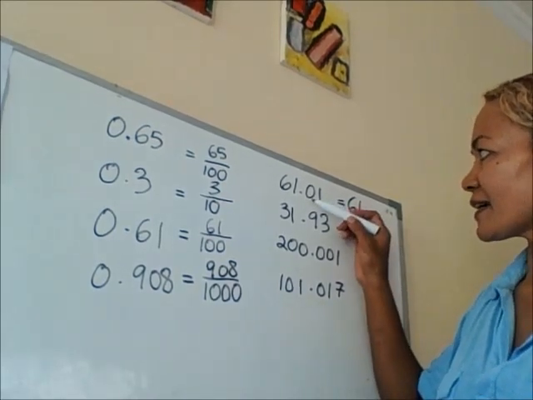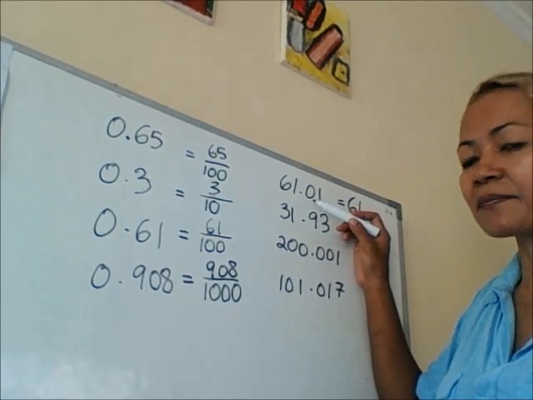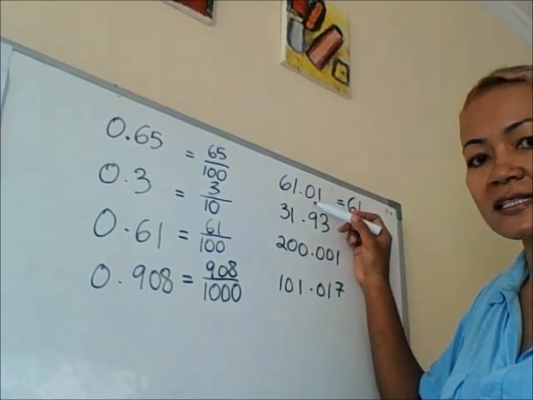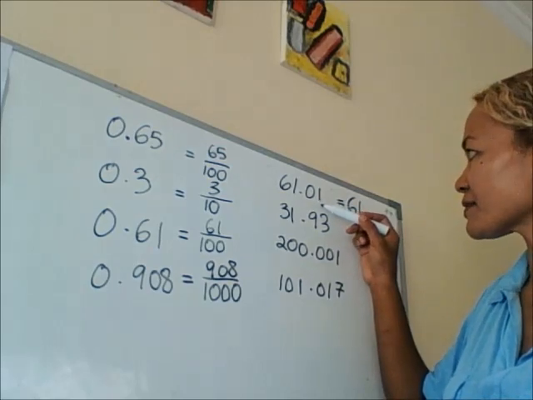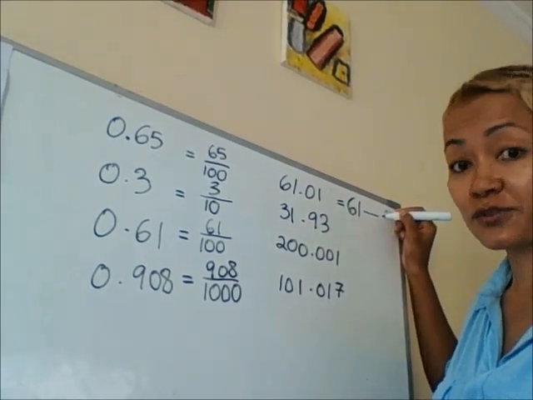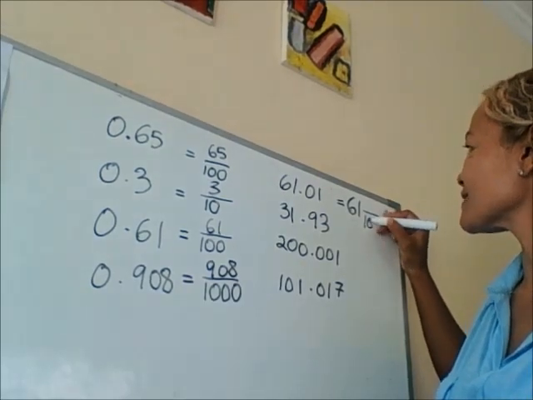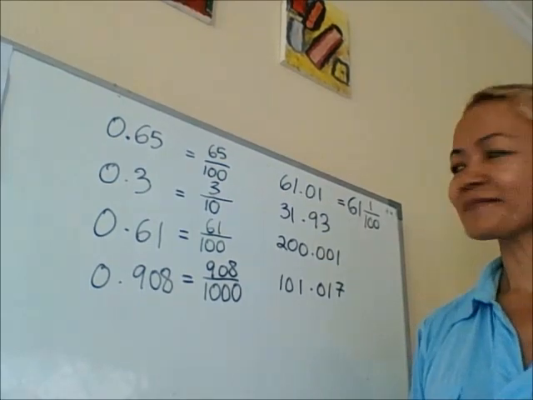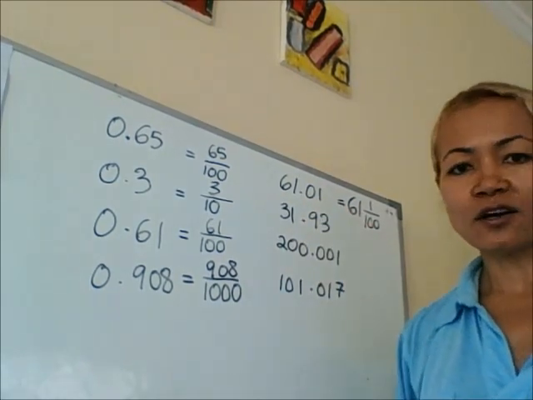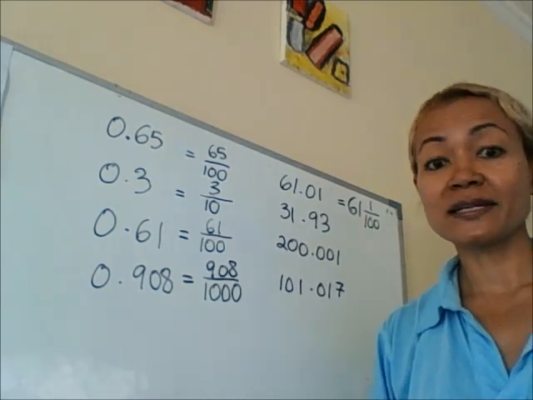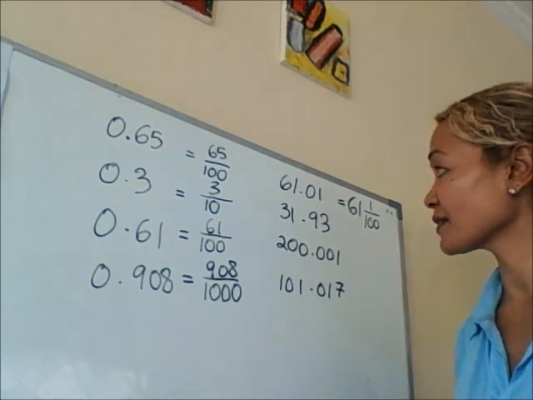61. How many columns are being taken up here? The column with the zero in, which is the tenths column, and the hundredths column. So 2 columns, so you know your denominator will have 2 zeros, 1, 0, 0, and that 1 sits on the top. There's no point writing 01. 01 is exactly the same as 1. You're just wasting your ink writing the 0 in front of the 1.